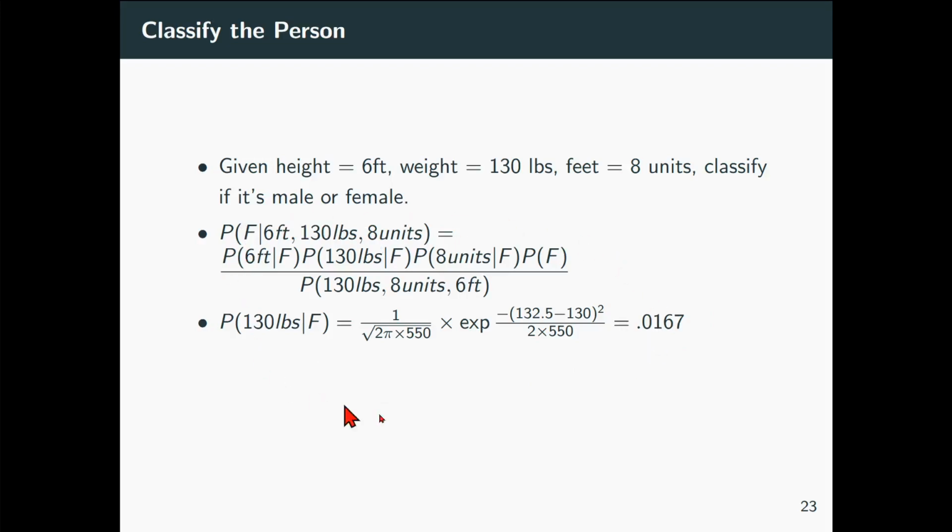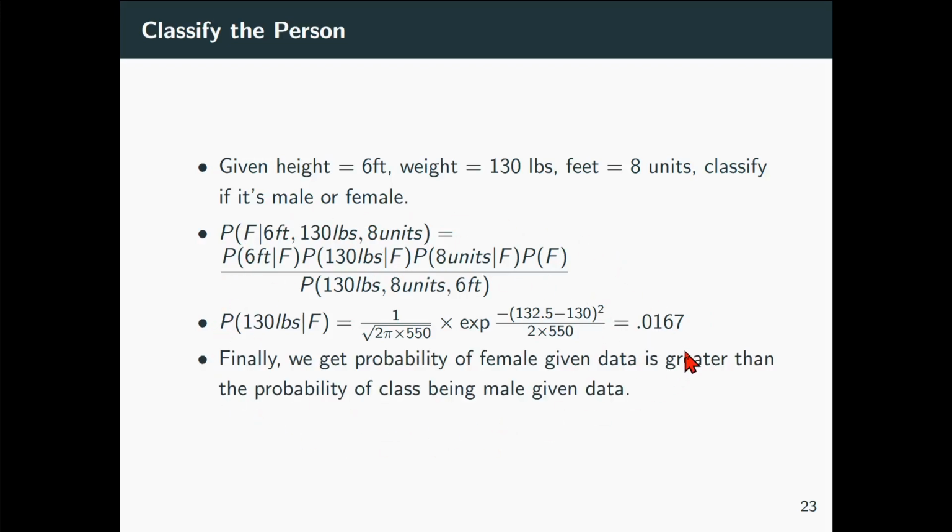Similarly, you can do the computation for all of these quantities, right? And then finally, when you solve this, you'll see that the probability of female given the data is greater than the probability of the class being male given the data, and thus you'd predict the sample to be female.